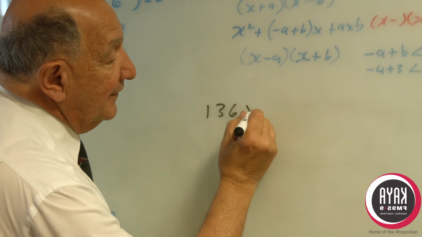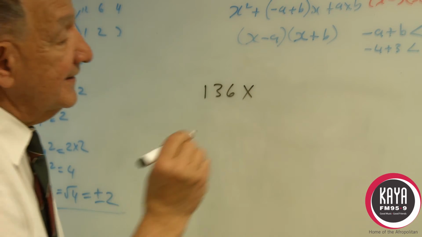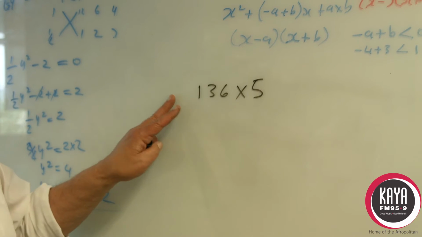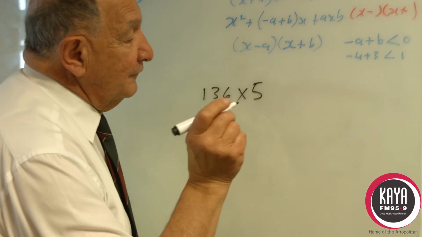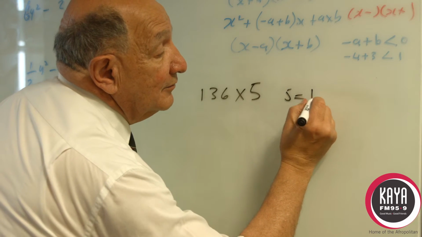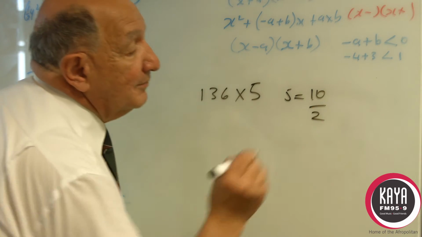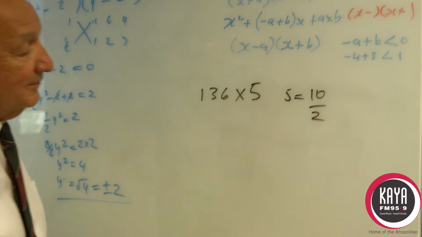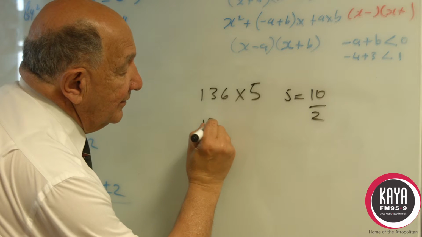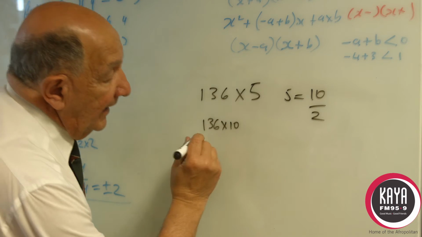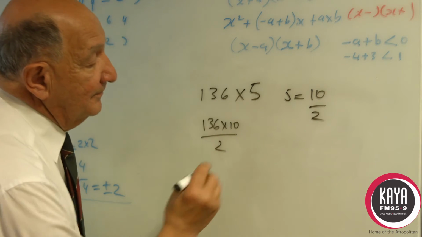If we take the number 136 times 5, is there an easier way to do that multiplication? If we remember that 5 is also equal to 10 divided by 2, what we do to this sum is we take 136 and multiply by 10 and divide by 2.